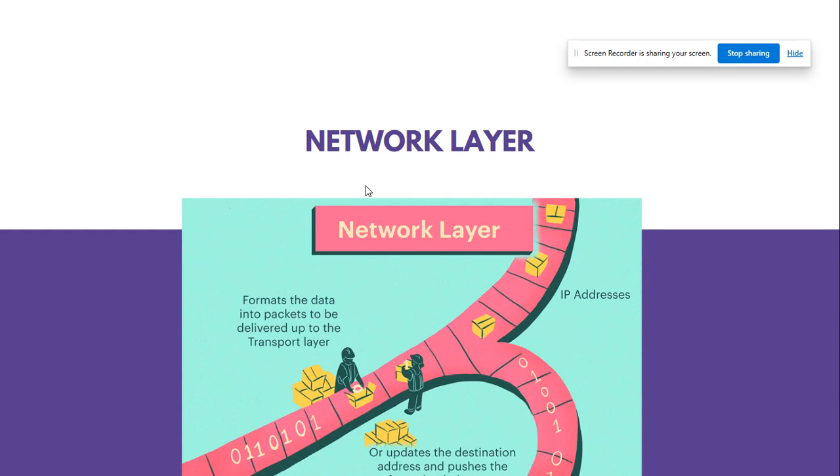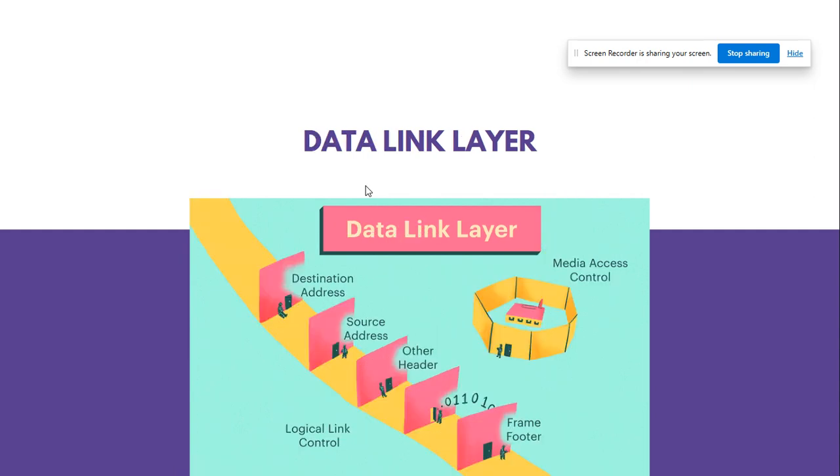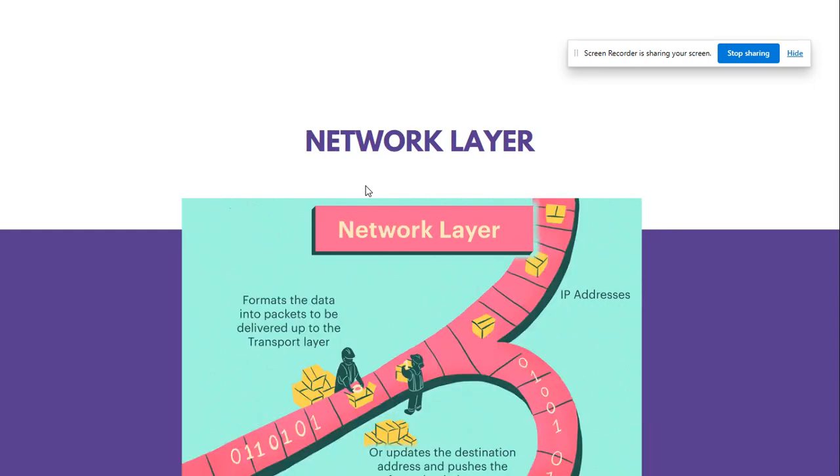And the third one is the network layer. It is responsible for logical addressing and routing of data packets between different networks. The data link layer is node to node delivery, and the network layer is routing the data packets between different networks. Okay, so it determines the optimal path for data transmission and ensures that the packets are delivered to their intended destination.